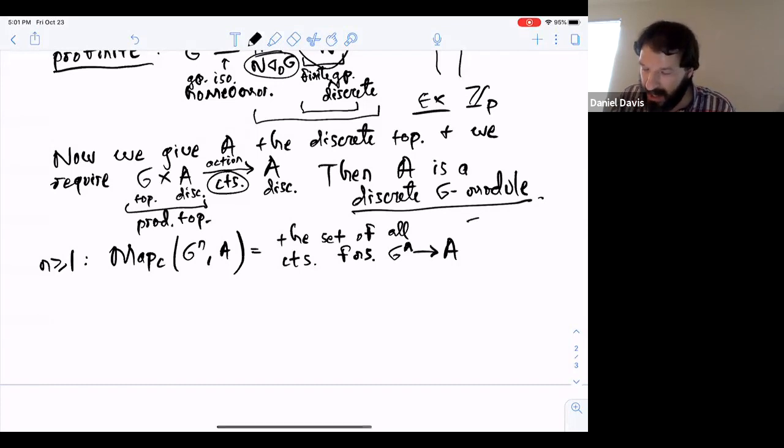Again, this is an abelian group, and the definition is the same: addition is defined pointwise, just like before.